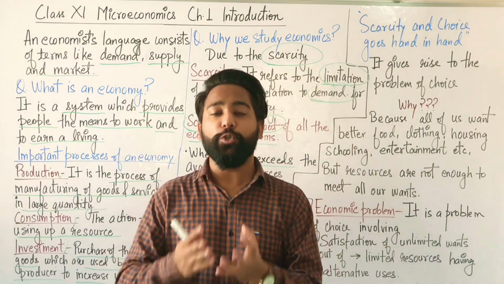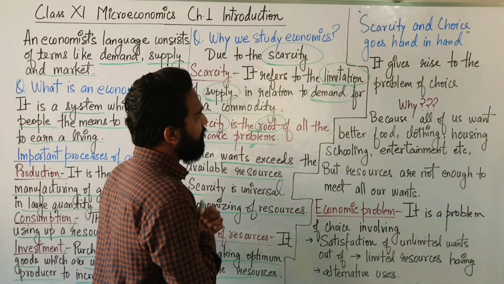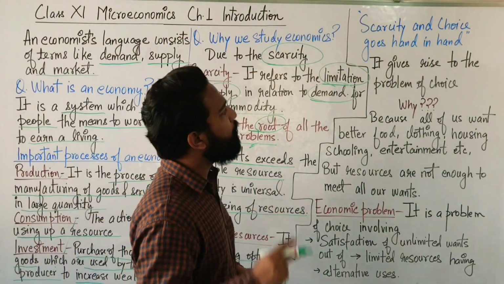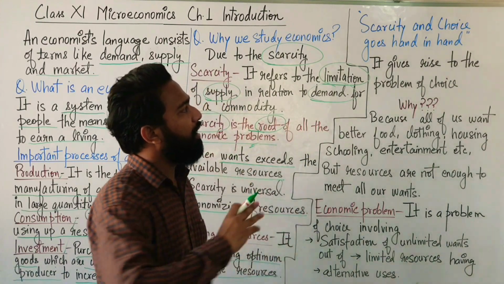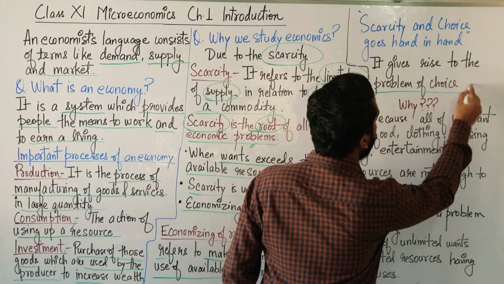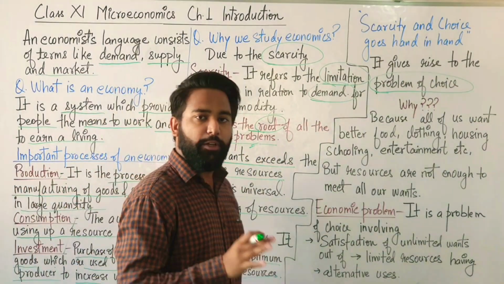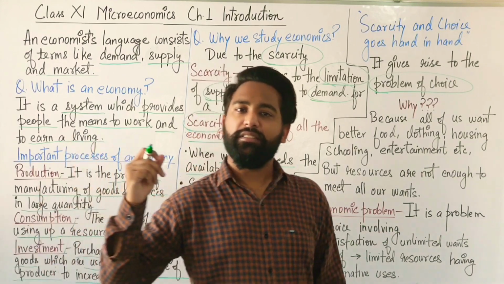We have to choose different things from different types of priorities. Now, scarcity and choice go hand in hand, and that gives rise to the problem of choice. Due to scarcity, you have to choose different things.